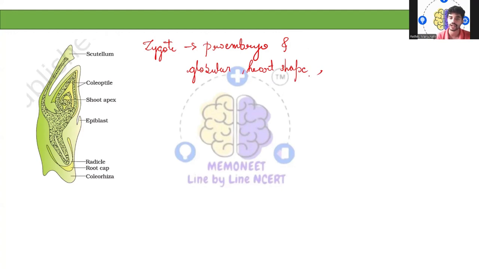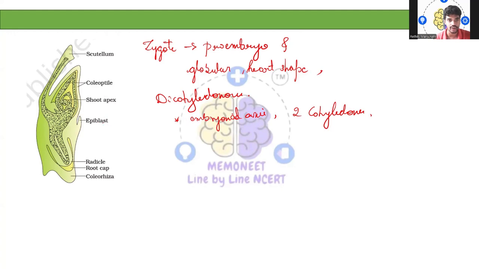Typically, when I'm talking about the dicot, so dicotyledons, in the dicot embryo you will be seeing the embryonal axis, and two cotyledons. You will also see the epiblast region here.